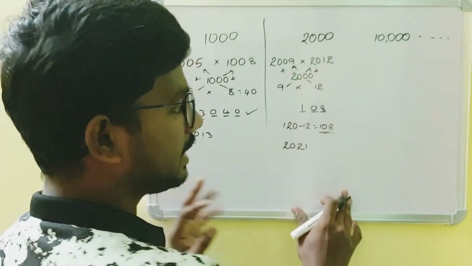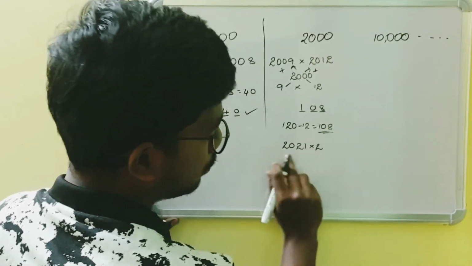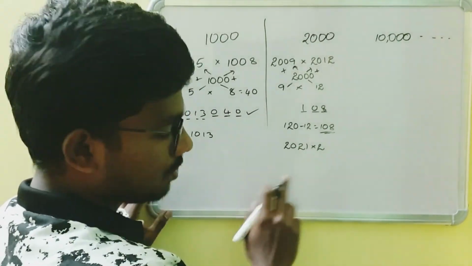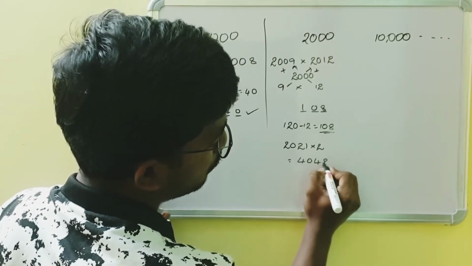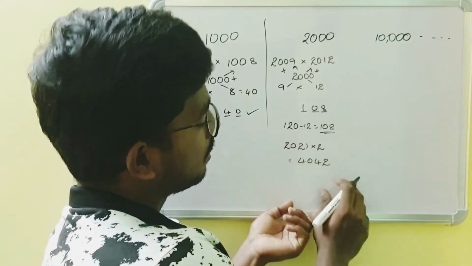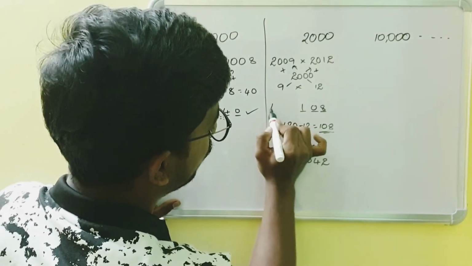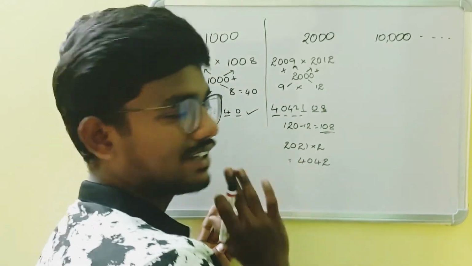See, 2000 is nothing but 1000 into 2. So I am multiplying my answer 2021 with 2. So what I get here is 4042. Okay, 4042. Now my required value is 4042,108. Okay, it's as simple as that.